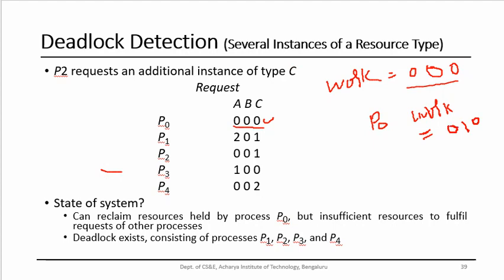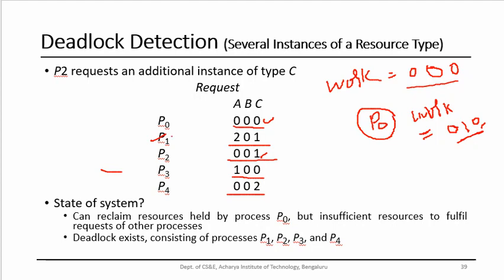Now let's check, can we meet the requirement of any of the processes? Can we meet the request of process P1? No. P2? No, because it needs one instance of C, and we don't have it. Can we meet the requirement of P3? No, we cannot. P4? No, we cannot. So therefore, what happens to the finish of P1, P2, P3 and P4?